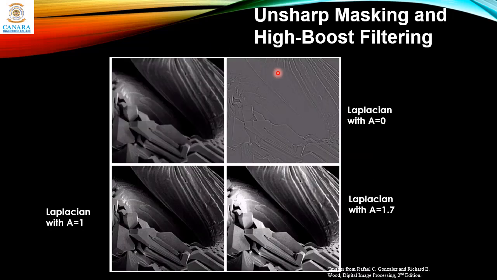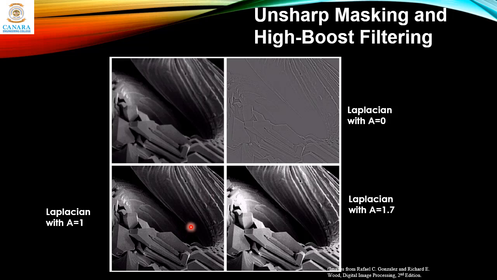So one more example of high boost filtering. This is the blurred image, and if you use that high boost filter with Laplacian with amplification factor A equal to 0, you basically get a Laplacian filtered image. Only edges are shown here. But if you use the Laplacian filter with A equal to 1, you are adding back the original image.